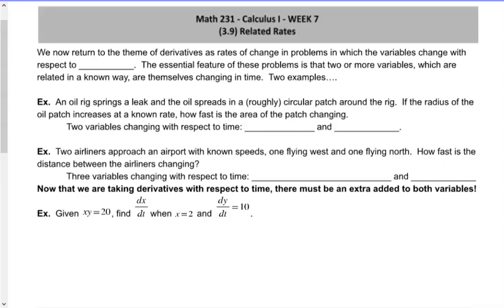Welcome to section 3.9 where we're going to be talking about related rates. Everything that we learned in the previous section on implicit differentiation will come into play here because now we are going to return to our theme of derivatives as rates of change in problems in which the variables change with respect to time.